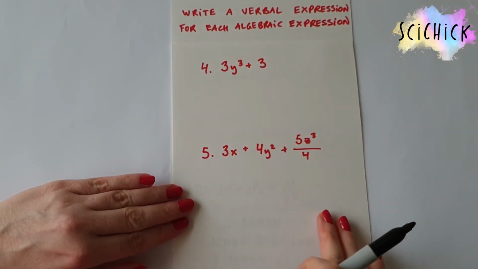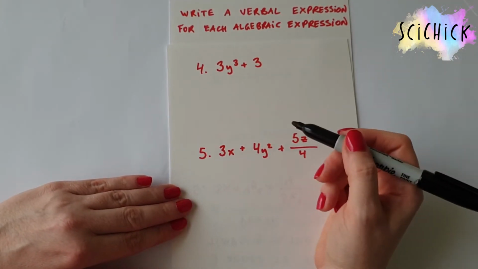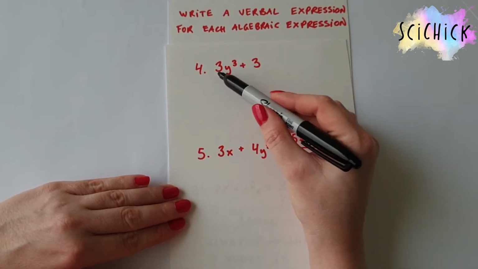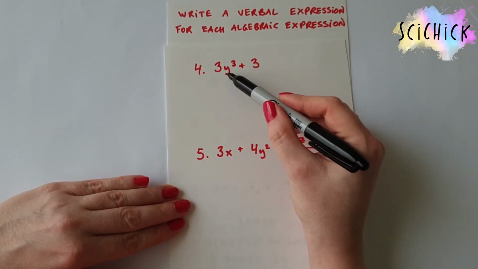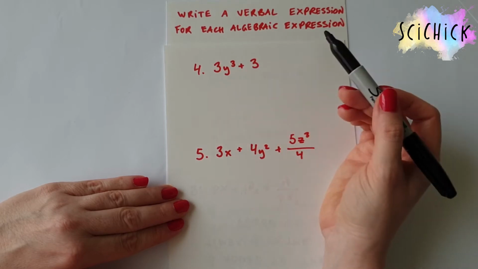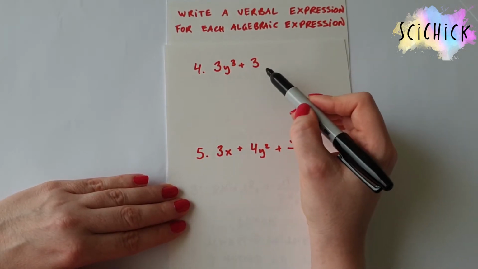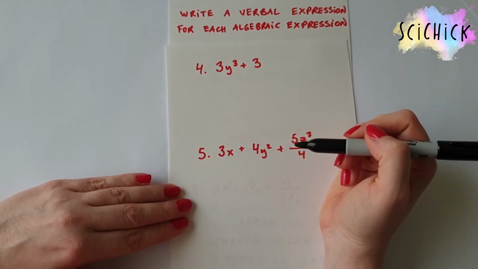Okay, I have a couple more problems for you. Here we have 3 times y to what power? To the 3rd power, yes. And plus 3. Can we write it in a different way? Yeah.